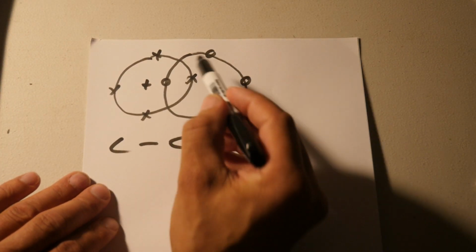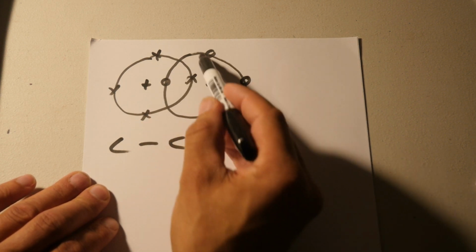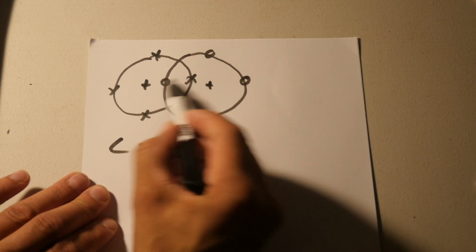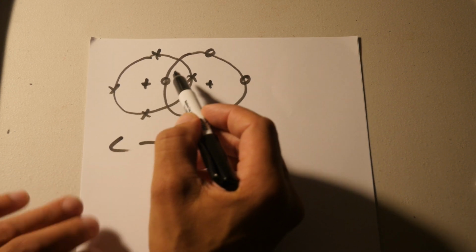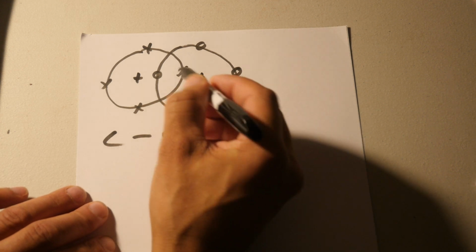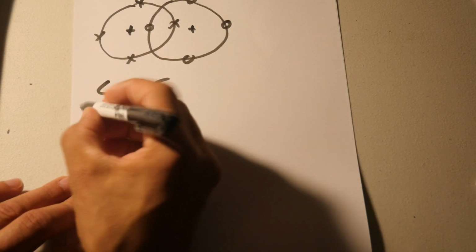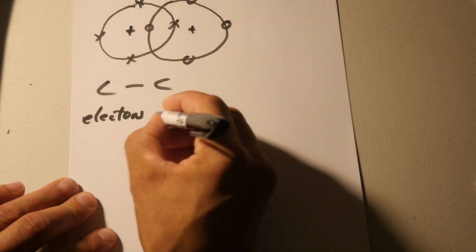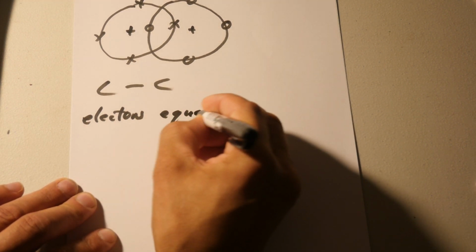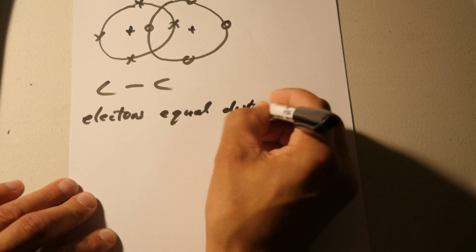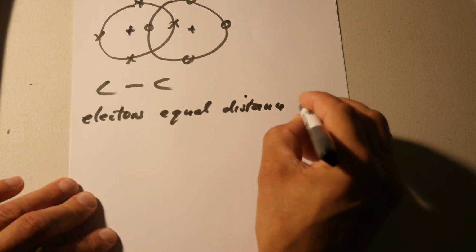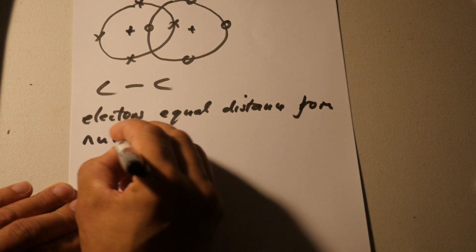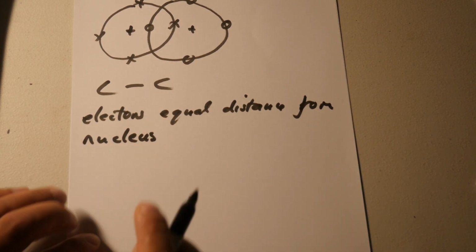So the outer shell has 4 electrons, and there's 2 in the inner shell, which are not shown in the diagram, but again, the 2 electrons are shared, okay? And they're equally distant from the nucleus.